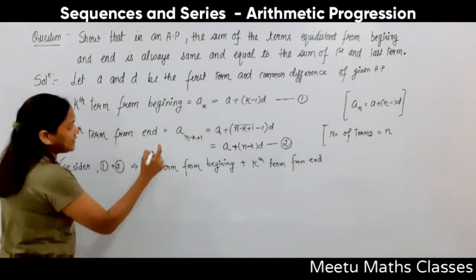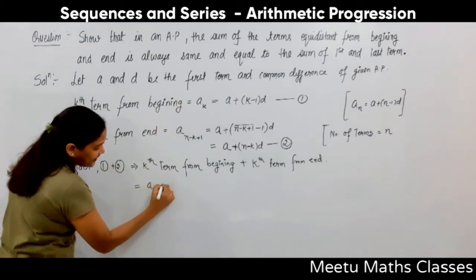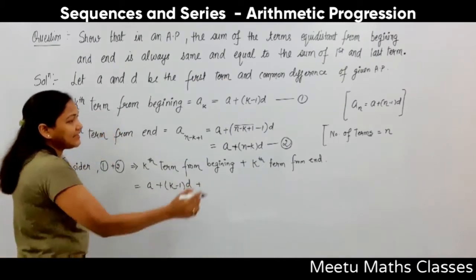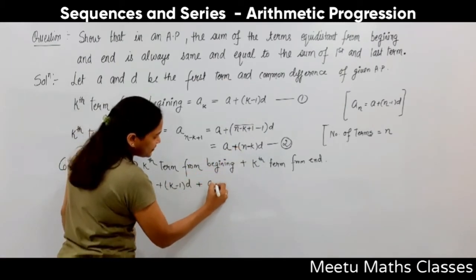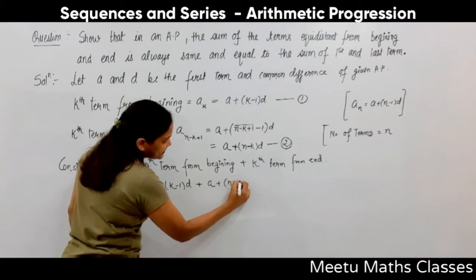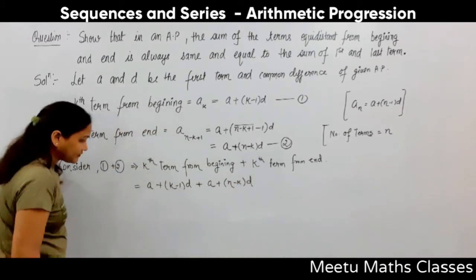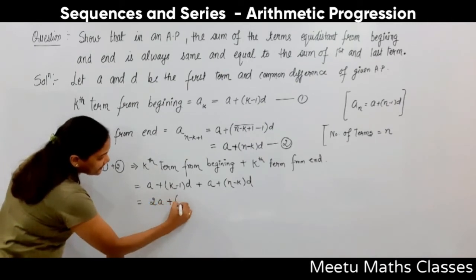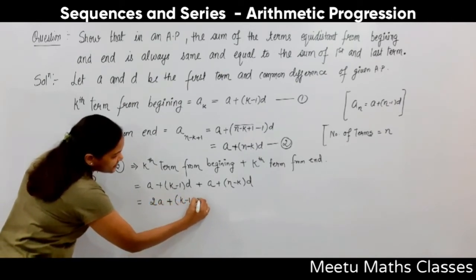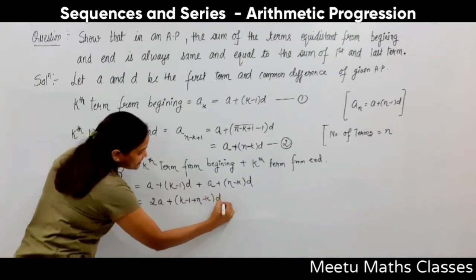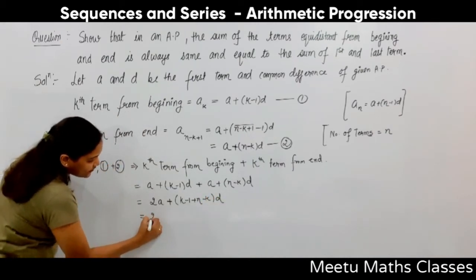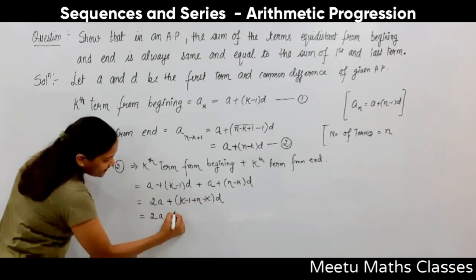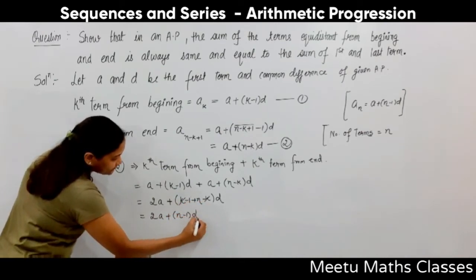Kth term from beginning will be equal to a plus k minus 1 d, and kth term from end will be equal to a plus n minus k d, and that is equal to a plus a, 2a, and k minus 1 plus n minus 1 minus k d, and that is equal to 2a plus, k will cancel out, n minus 1 d.